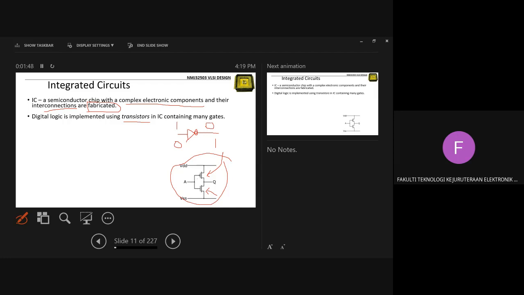I can also ask you, okay, explore the application of an inverter in various IC design application. So digital logic is implemented using transistors, and an IC contains many gates. Okay, so this is an example. So we have 2 transistors, PMOS and NMOS, just to implement this one logic gate, which is the inverter.